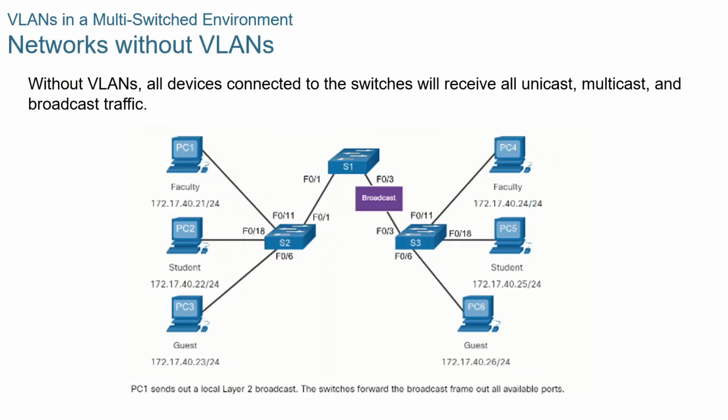How about networks without VLANs? What is the behavior of a network if it doesn't have a VLAN configured on it? When a switch receives a broadcast frame on one of its ports, it forwards the frame out all other ports except the port where the broadcast was received.